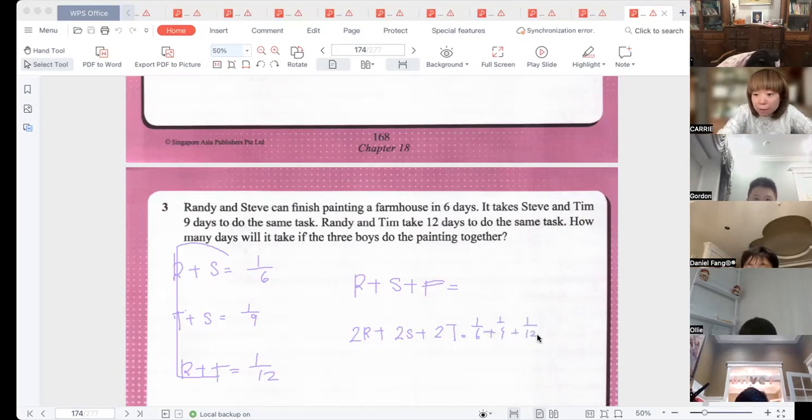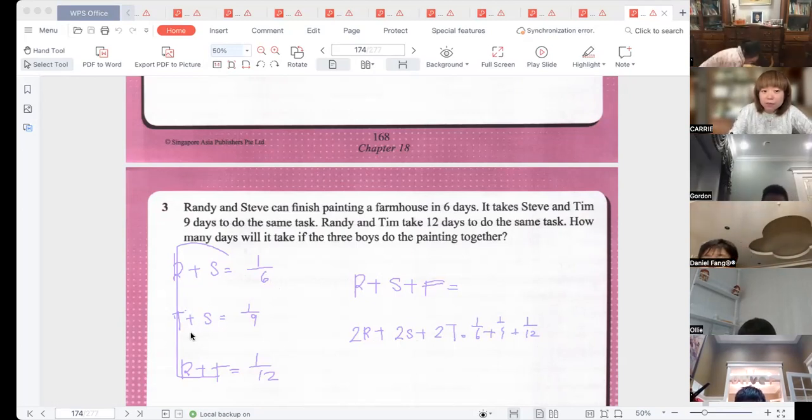Am I right, everybody? Understood, Margaret? Are you clear? Because I just add everything. Here we have r plus s equals 1/6, t plus s equals 1/9, r plus t equals 1/12, giving 2r, 2s, 2t, correct?